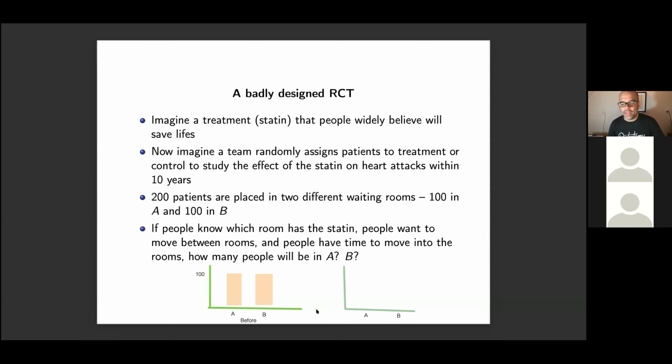How many people do you think will be in room A and room B after? If you had to guess, how many people do you think are going to be in room A, if people can move between rooms? Somebody want to guess?